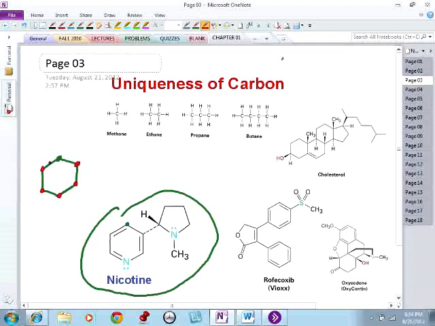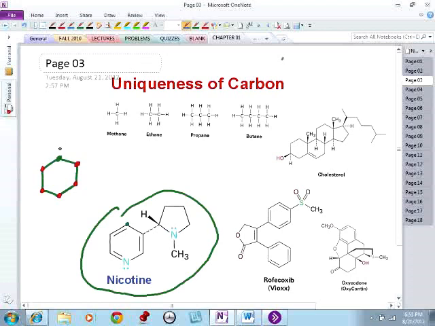Now, you're also going to find out later that carbon needs 4 bonds in order to form a stable molecule. So if we tell you that this carbon is bonded to this carbon and this carbon, how many bonds have we shown you so far? When you see that, that means the other 2 bonds that are not shown are hydrogen atoms.